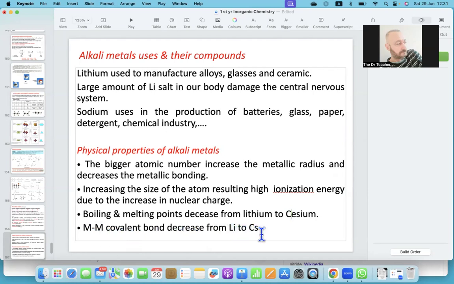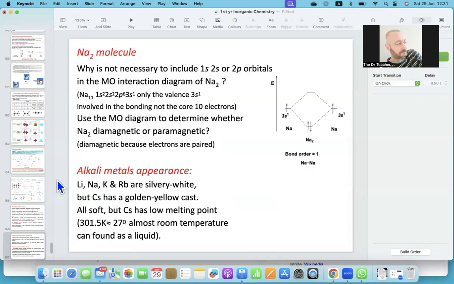Again, because it will go to a higher energy level, the covalent bond strength decreases once you go to the higher atomic number or number of electrons.